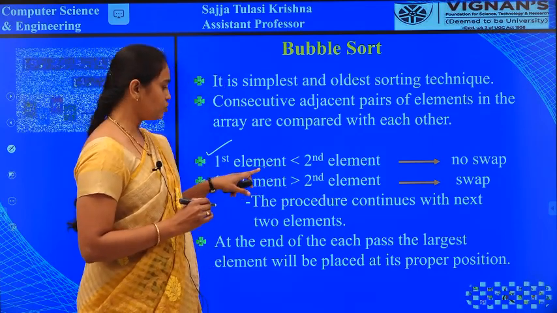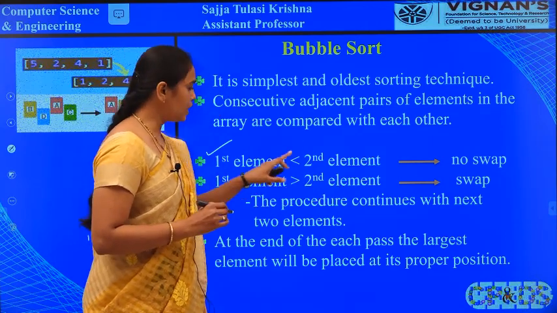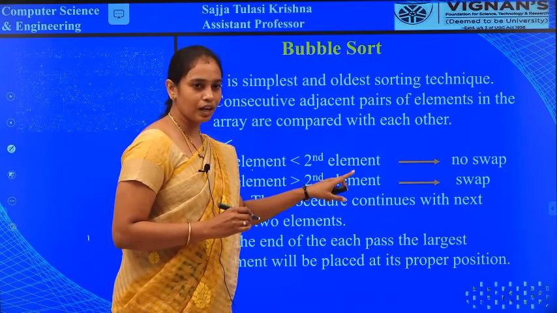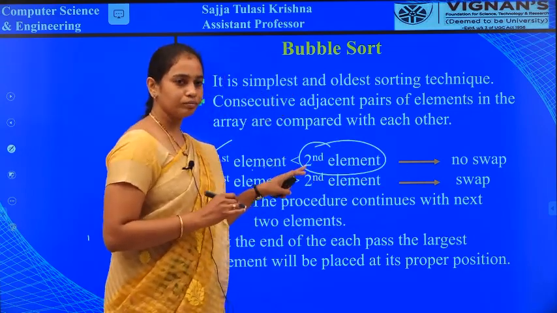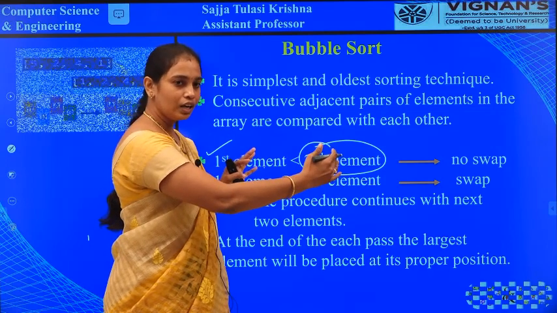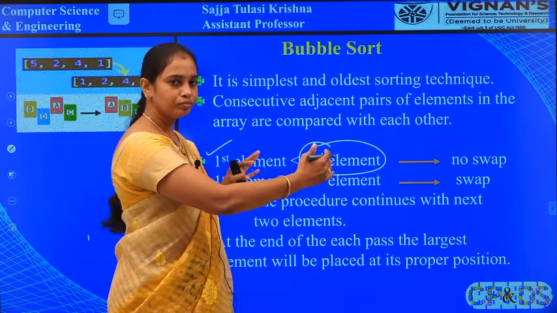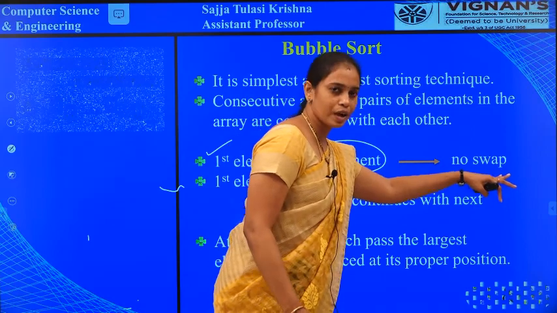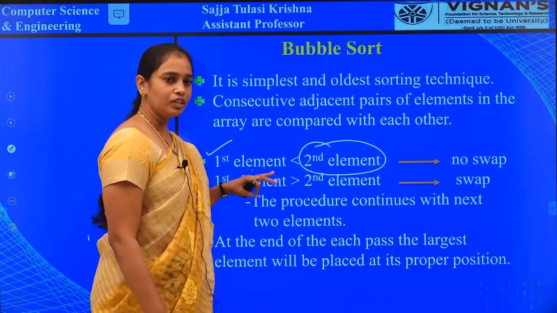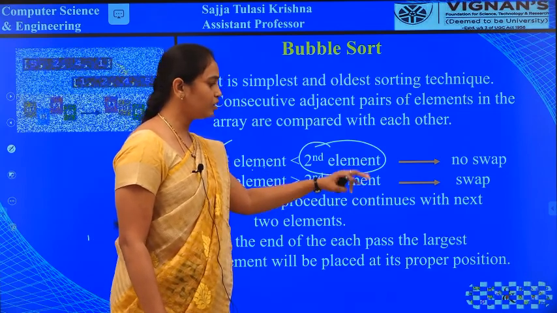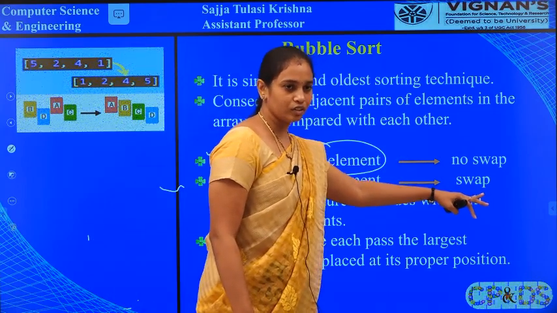If the first element is less than the second element, the second element is the highest one, so there is no swap. If the first element is greater than the second element, then swapping is done.